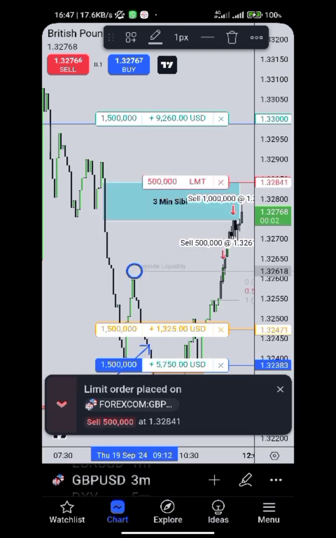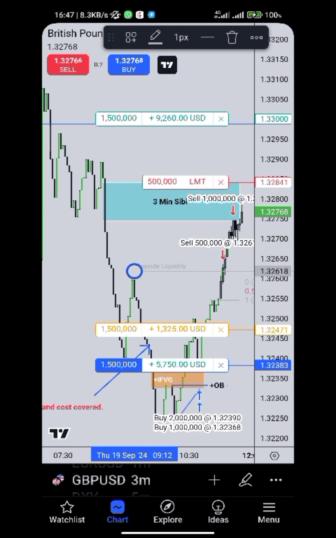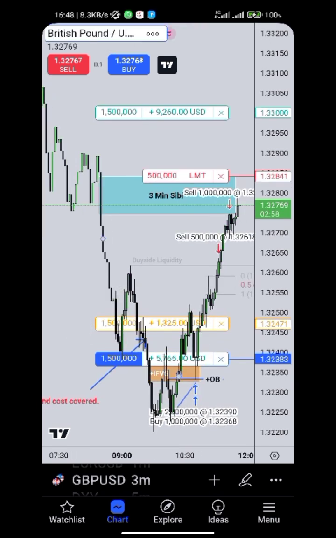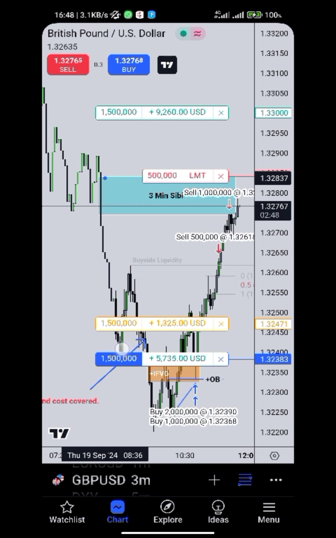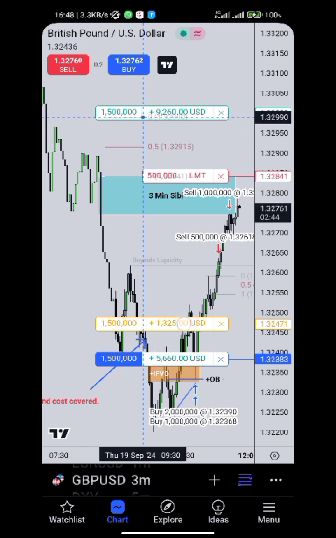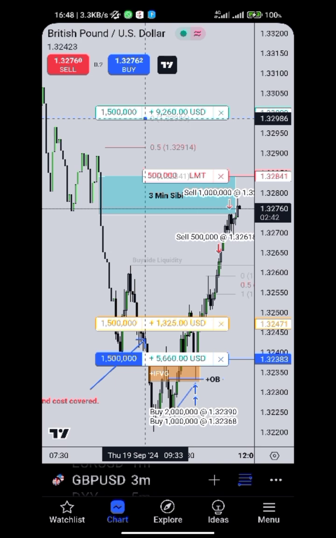Here, yes. So should we get repriced today? I'll be taking some partials there, and in between these two, I want to scale out.